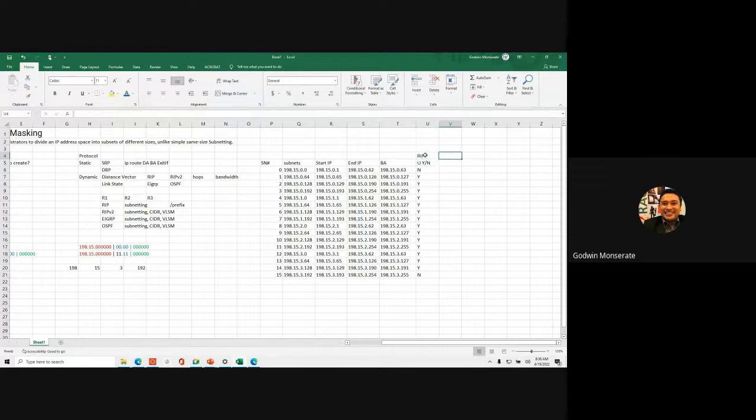But the RIP version 2, the EIGRP type of protocol and the OSPF type of protocol, no? Kani siya, yes na ni. Okay? And broadcast lang ang dili pwede.